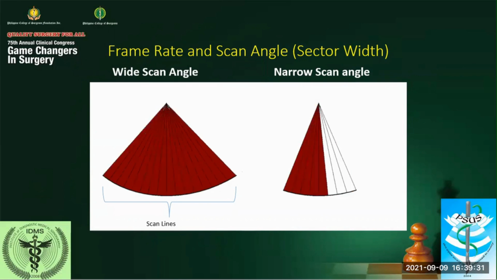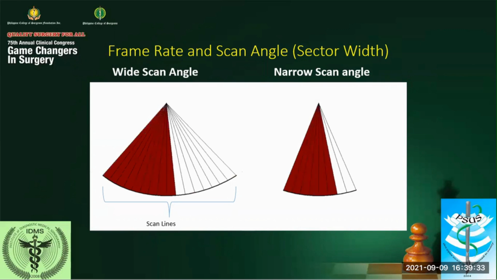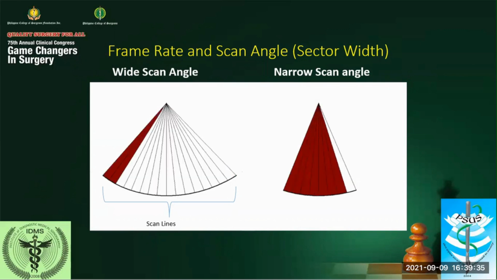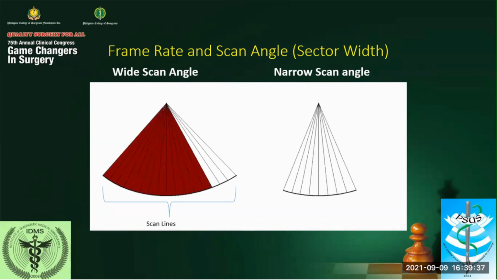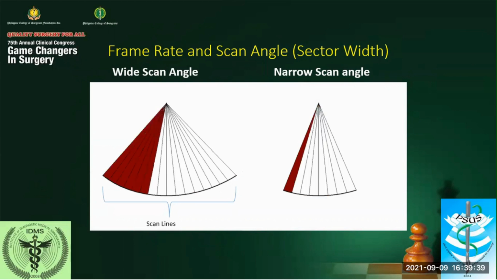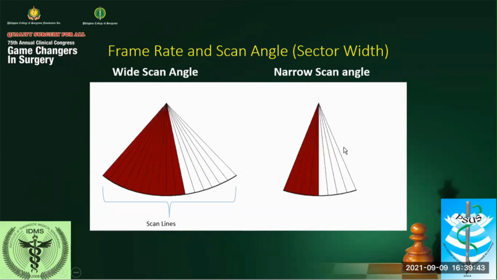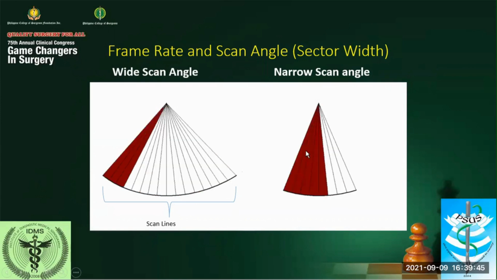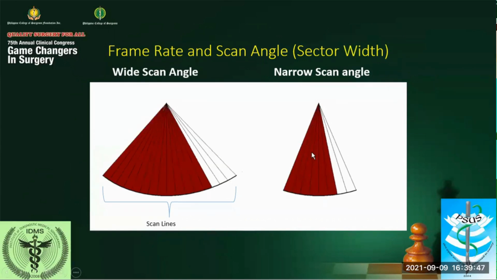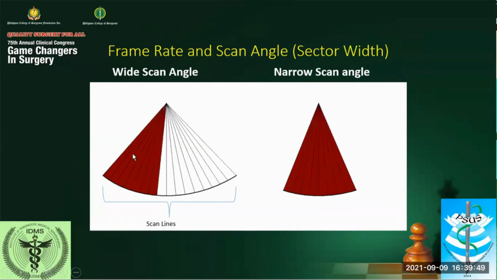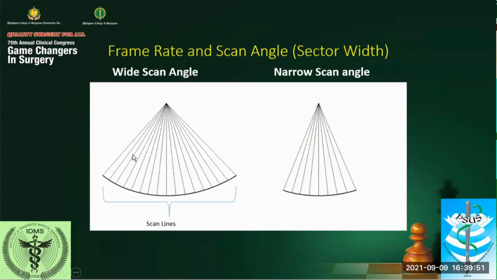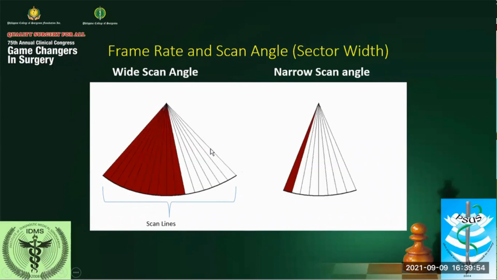And the frame rate can be affected by some factors like the scan angle. Here, it is quite obvious that a narrower scan angle is capable of a higher frame rate than a wider scan angle, simply because it takes more time to complete the scan.